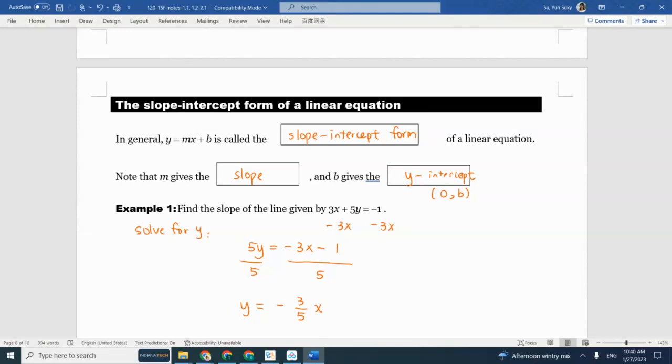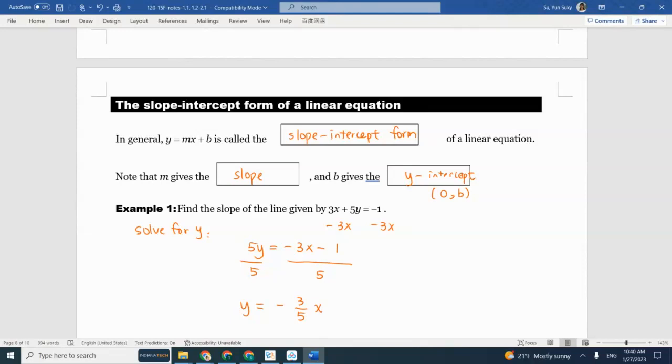So this is one term and this is another term. When you divide by 5 on the right-hand side, you divide each term by 5. Negative 3 and x are two factors of one term.